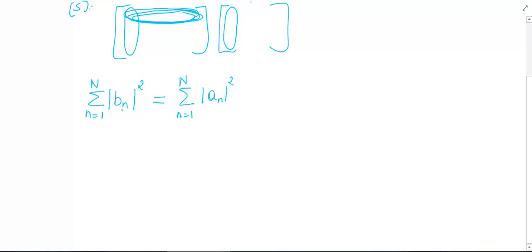Fine. Now, what is this Bn? We know that B is equal to S into A, right? This we had already seen. So what I can write is summation n equal to 1 to N of the summation over a new limit, because B is a column matrix, A is also a column matrix, but S is an n cross n matrix, right?